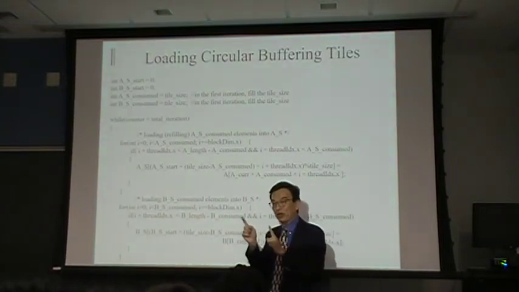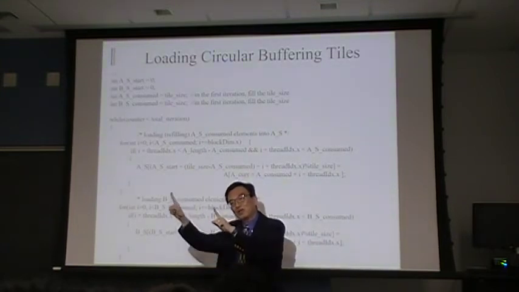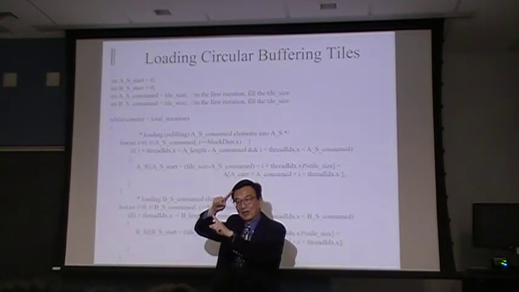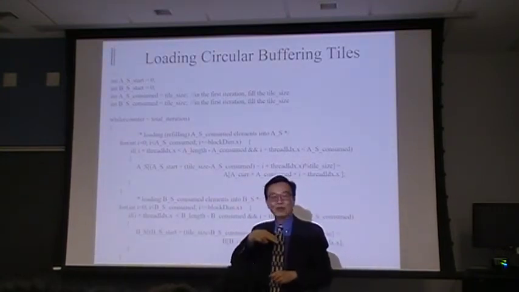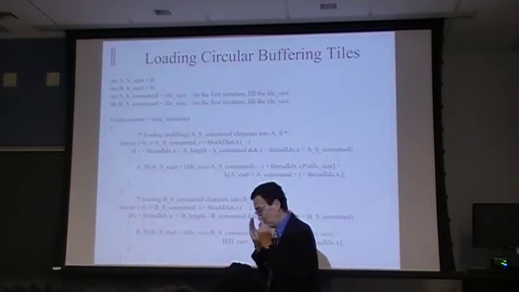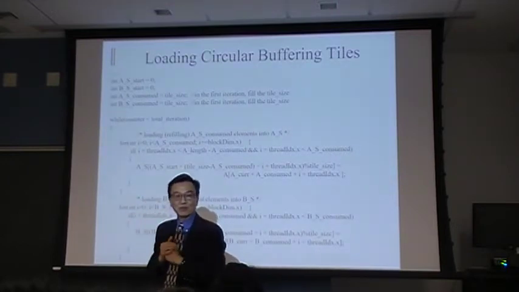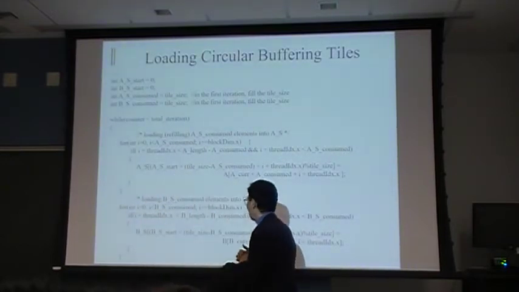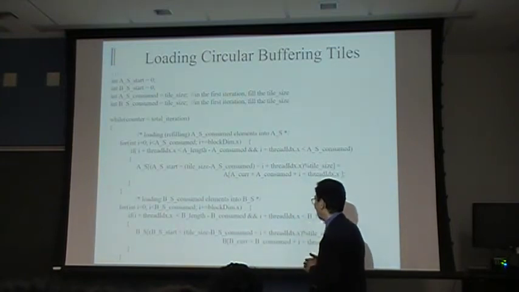So you need to keep track of where you're going to start the refill in the shared memory, and also how many elements to refill from A and for B, right? You need to know the beginning location and how many elements to refill in each of the buffers. So that's the BS consumed and so on.